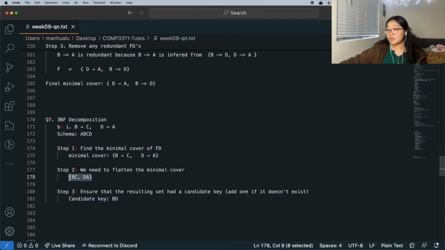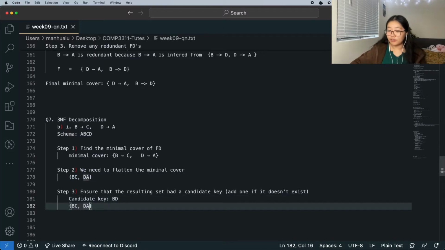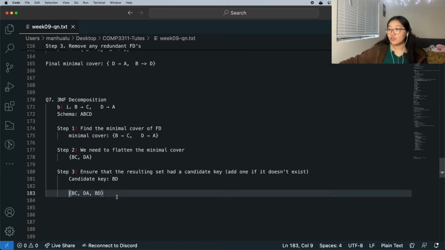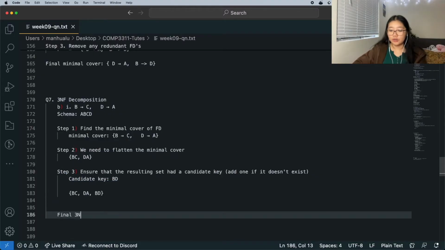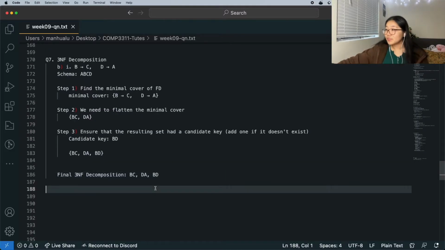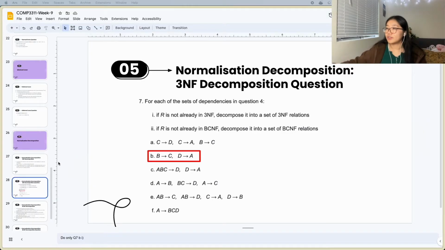So that just means that to our already flattened minimal cover, you'll just want to add the BD. And that's it, right? So your final decomposition is just this, and it's quite simple. It's just the BC, DA, and the BD. All right, cool. That's literally it. So 3NF is much, much easier, I will say that.